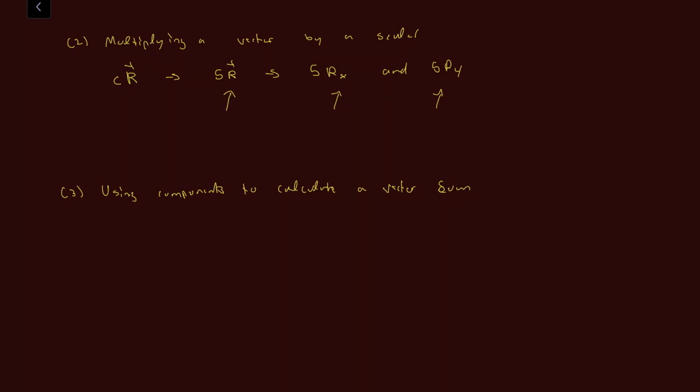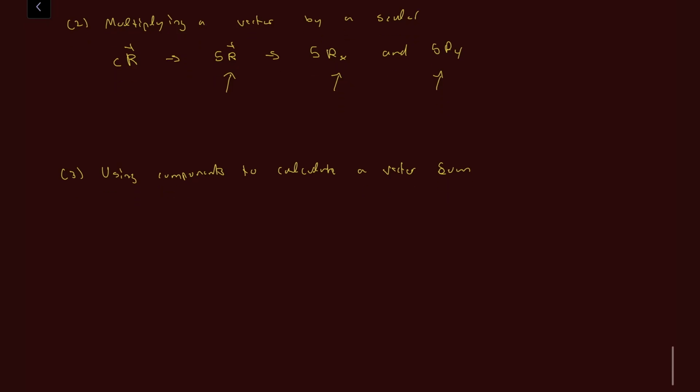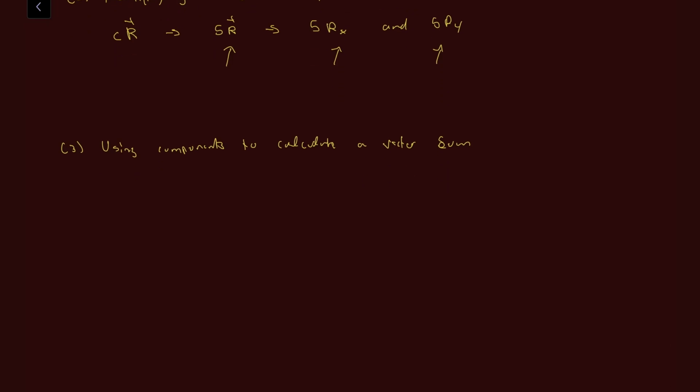Let's move on to section 3, using components to calculate a vector sum. That's very similar to what we just said. Let's say, for example, we had r is equal to vector A plus vector B. This is the same as saying that r x is equal to A x plus B x, and r y is equal to A y plus B y.